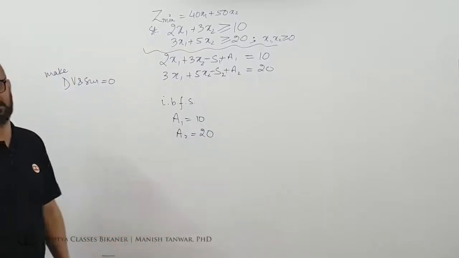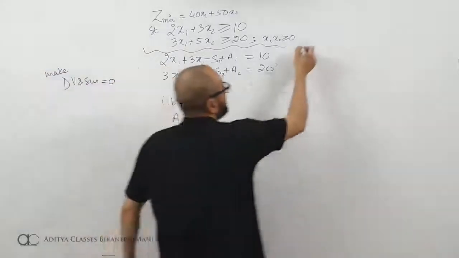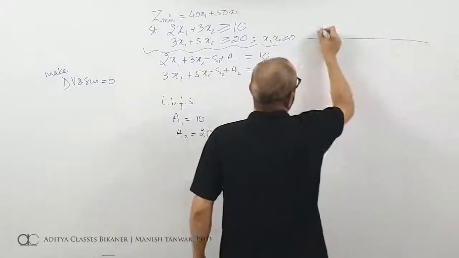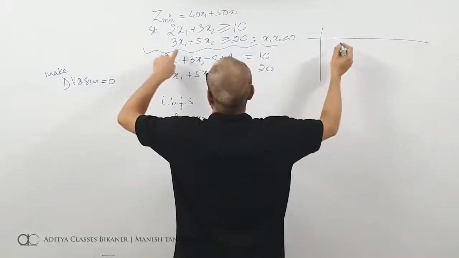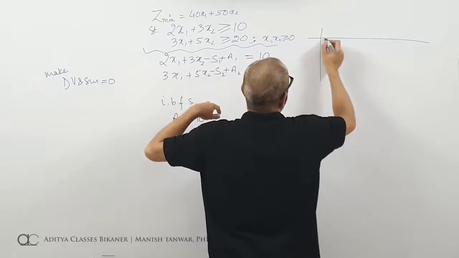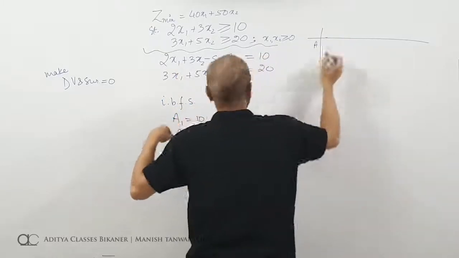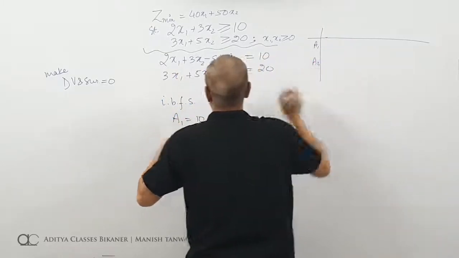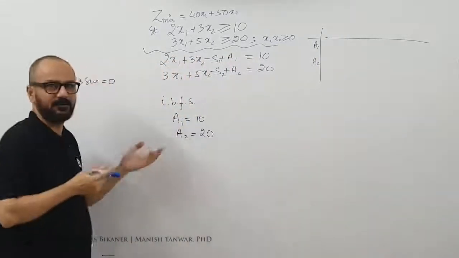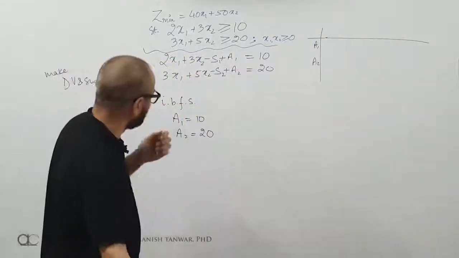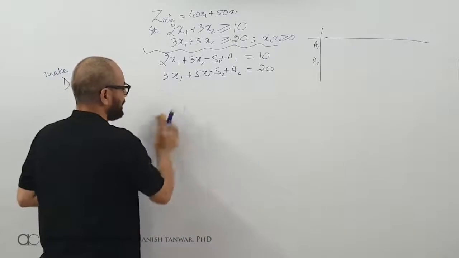This is my IBFS. This will be my first row, A1 and A2. You get IBFS.